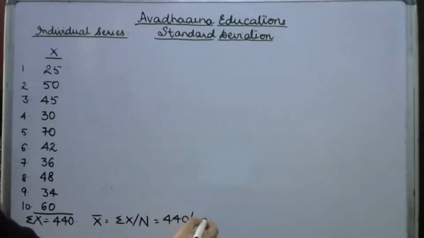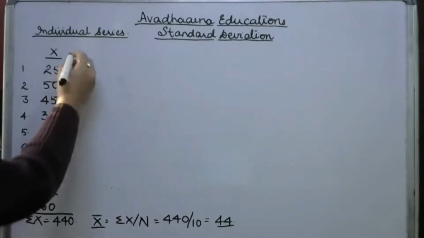So mean of the series is calculated as 44. So first step, it's done. Mean of the given series is 44.